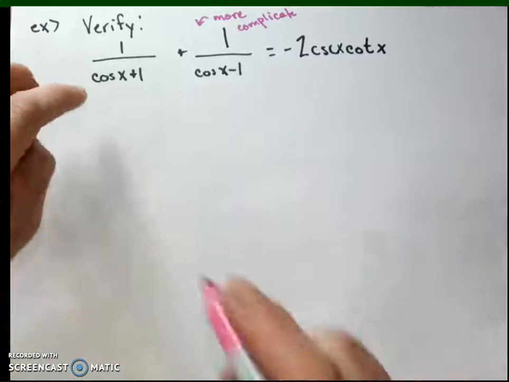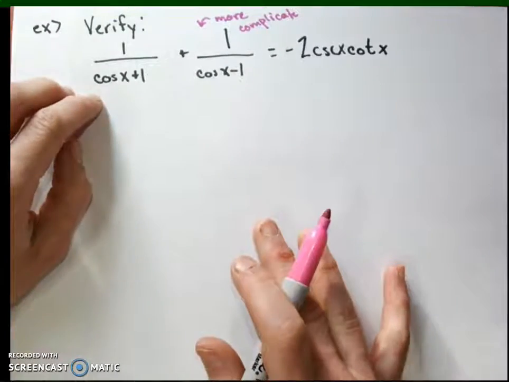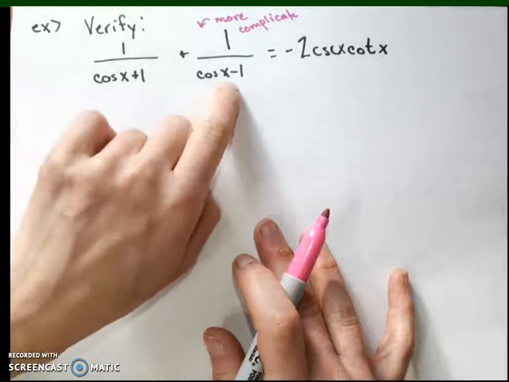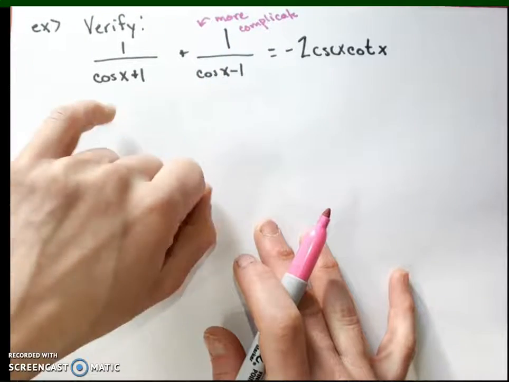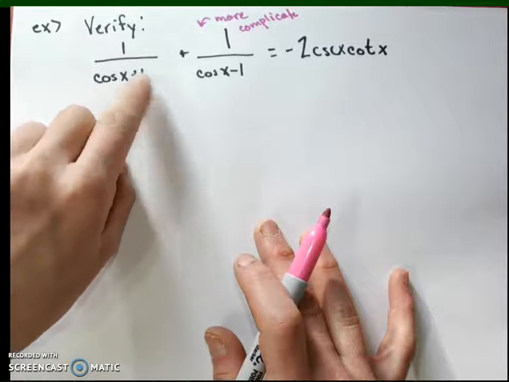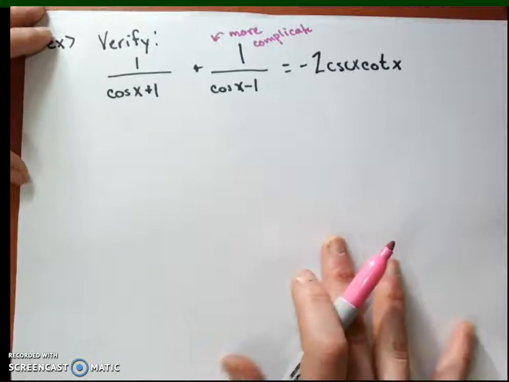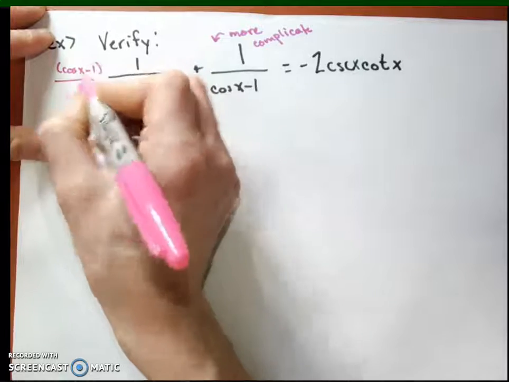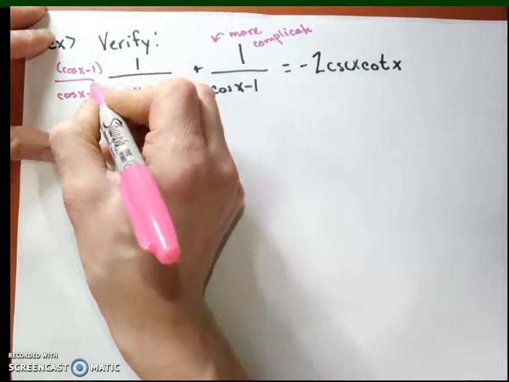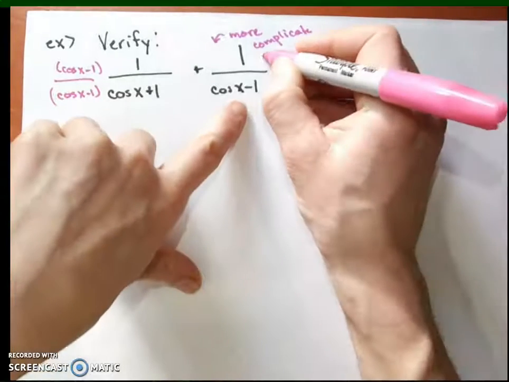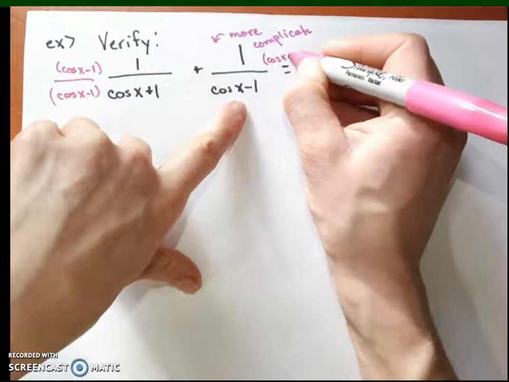So my first step towards getting a common denominator is I notice that if I multiply this one on top and bottom by cos x minus 1, and this one on top and bottom by cos x plus 1, I'll have the denominator cos x plus 1 times cos x minus 1. So let's write that down. Cos x minus 1 over cos x minus 1. So this is just a clever way of multiplying this fraction by 1. And I do the same thing to this fraction.